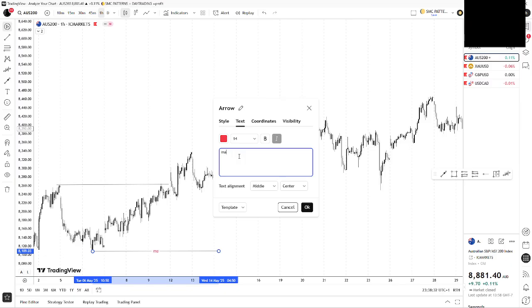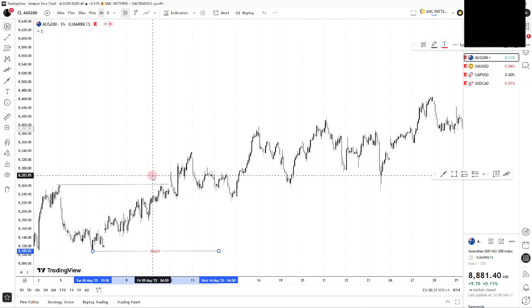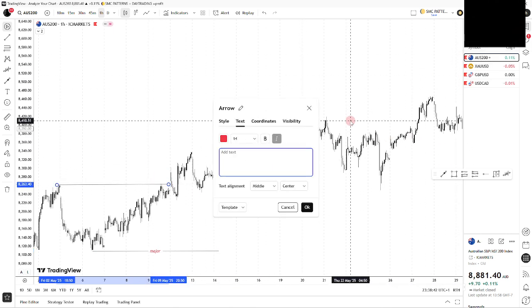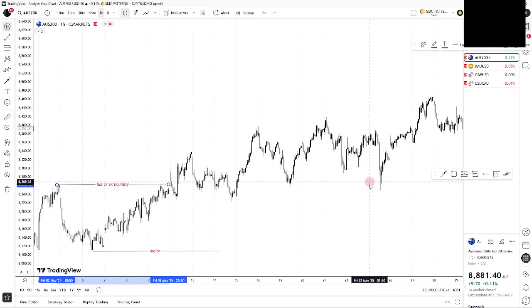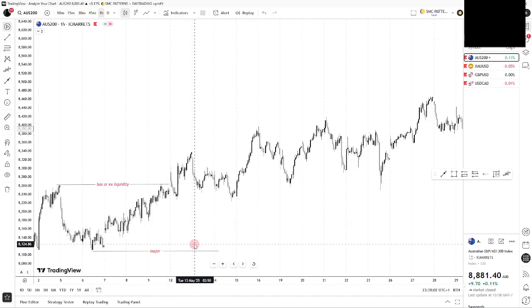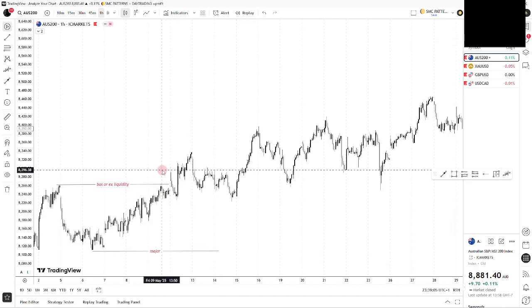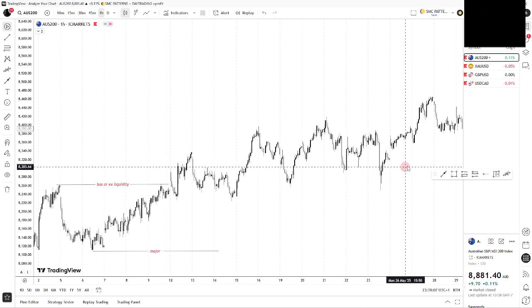Major break, or BOS, or external liquidity, right? Then with this, let's do other analysis. So now, after this break of structure here, we have another break, right?